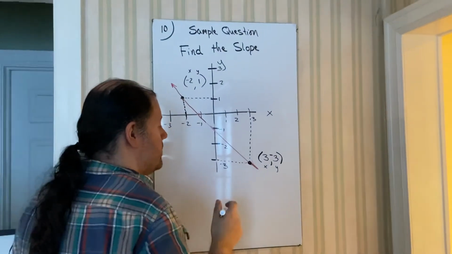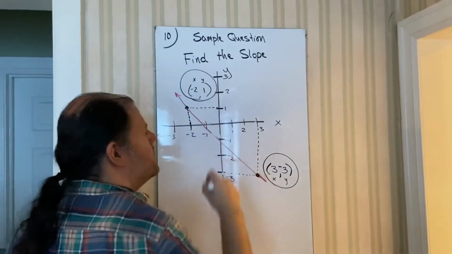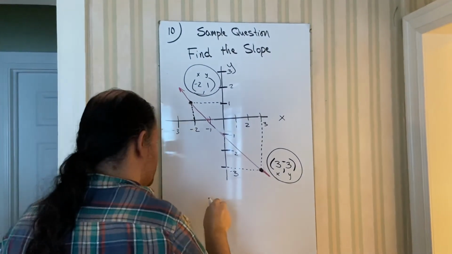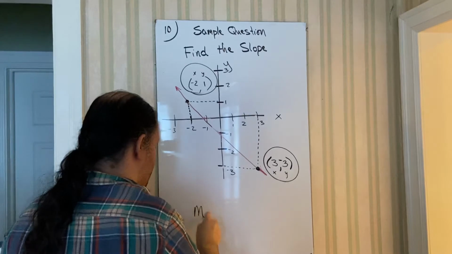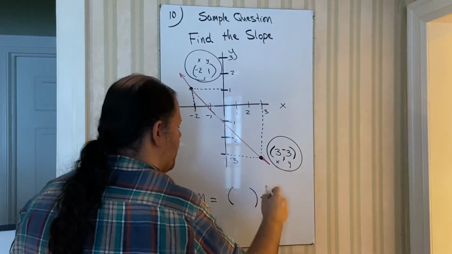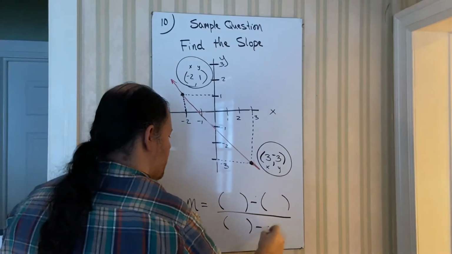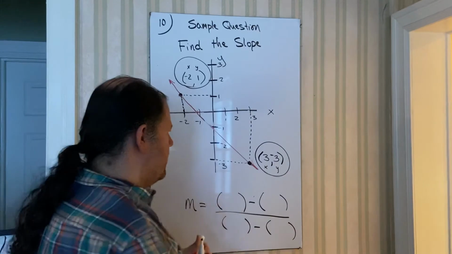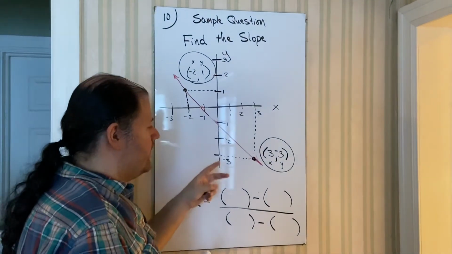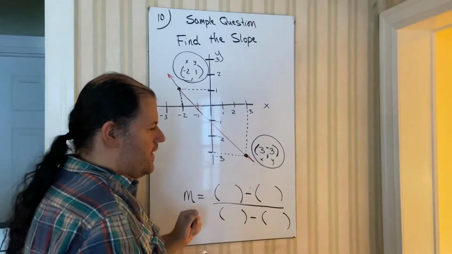Now that we got our 2 points, we're going to be focusing on this ordered pair and this ordered pair. Then what you're going to do is use the bare bones formula. So for that, all you want to do is kind of focus on, we need to figure out how our y's change.